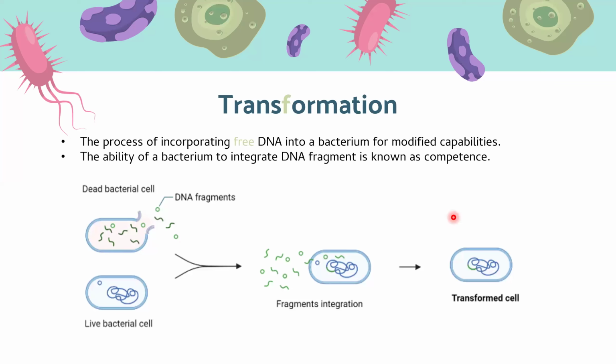For research purposes, for example, sometimes even for certain drug clinical trials. So what happens in transformation is that a dead bacterial cell, or even just the media that I am culturing these cells in, is going to release DNA fragments. These free DNA fragments are then going to get incorporated into a readily available bacterium.